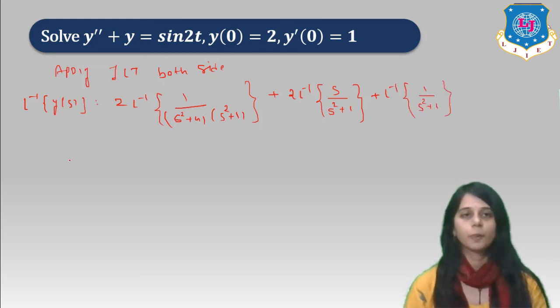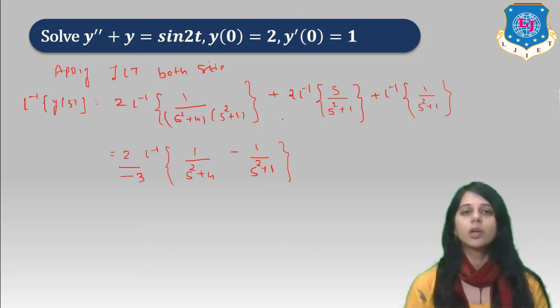Okay. Now solve this. 1 upon s square plus 4 into s square plus 1 becomes 1 upon s square plus 4 minus 1 upon s square plus 1, divided by minus 3. To convert multiplication to subtraction, we take the numerator as an extra coefficient.